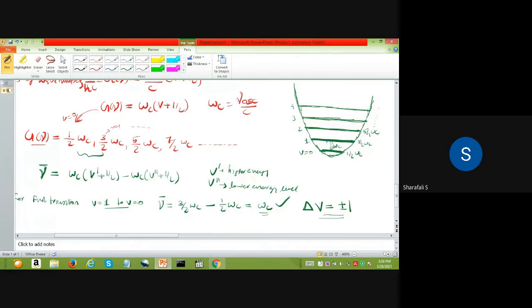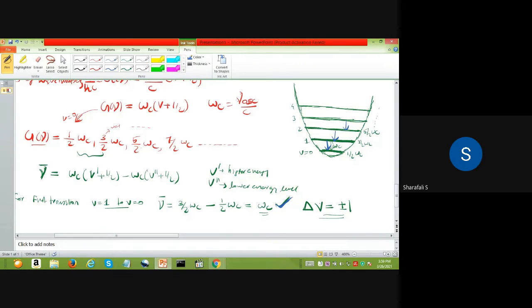Another transition which is possible is from 2 to 1 or 3 to 2, and the reverse also. Like 2 to 3, 1 to 2, 0 to 1 is also possible. In that case, it will come as minus 1. So the transition is possible only between adjacent energy levels.